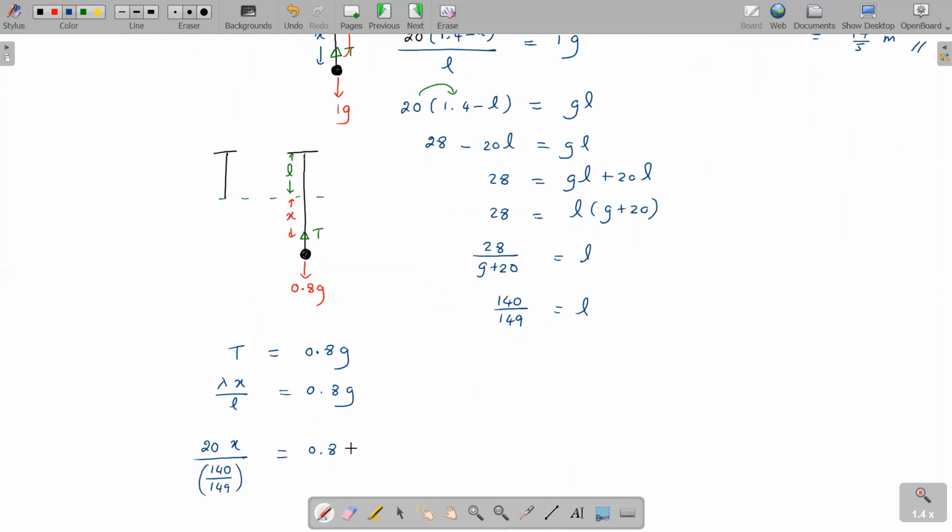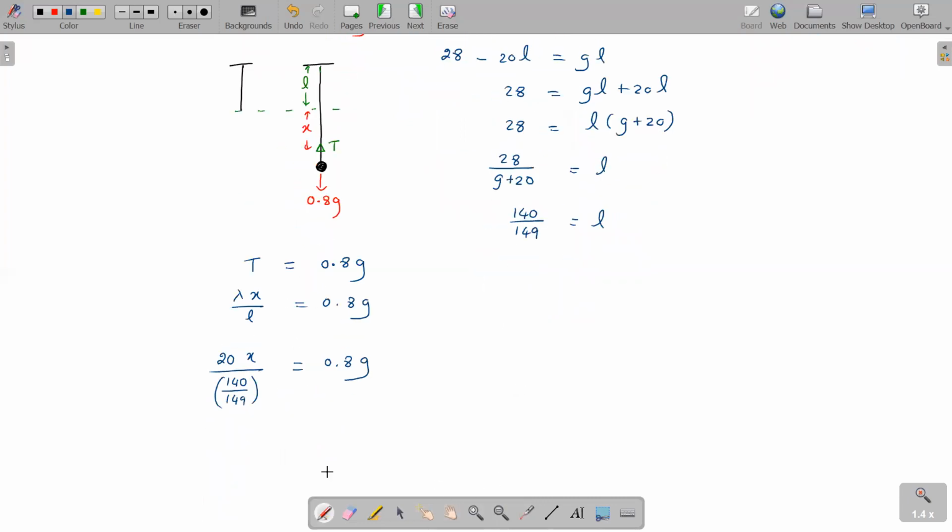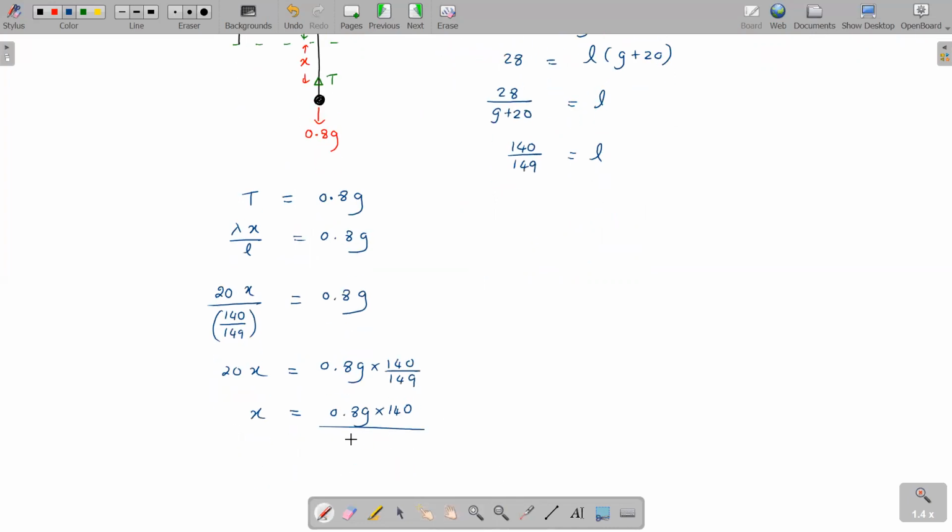equals 0.8g. And now what? It's a matter of making x the subject. So 20x equals 0.8g into 140 over 149. And then the 20 can come to the other side as a division. So definitely we'll go for decimal answers here because I will be using g as 9.8 again.